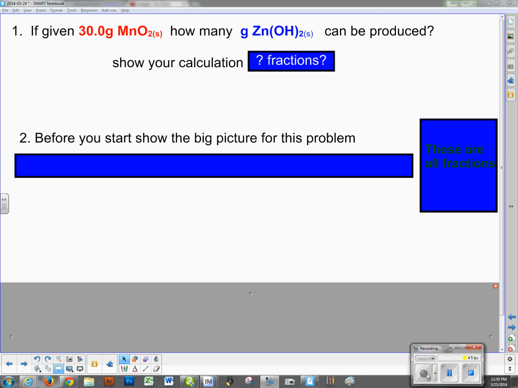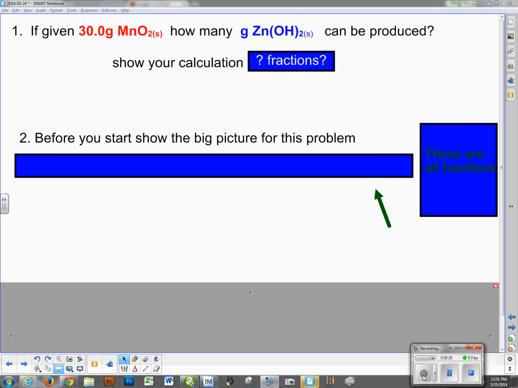Okay, what I'd like you to do now is tell me how many fractions you think there will be if we take this 30 grams of manganese and convert it into grams of zinc chloride. So I'd like you to take a minute, turn off the recorder, and see if you can get the big picture, which is what we're going to do down here in this line.